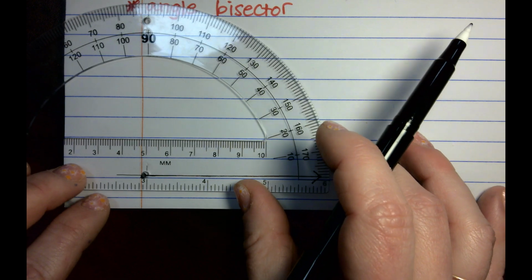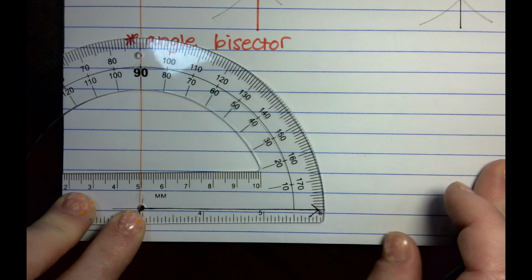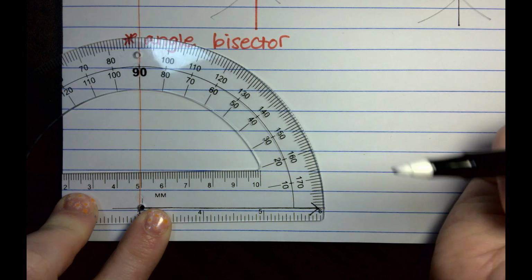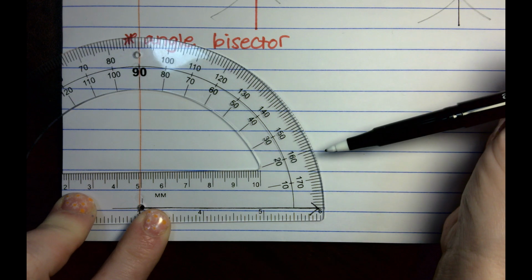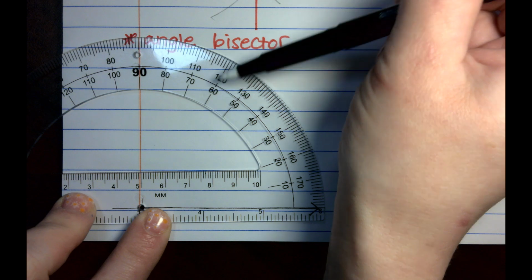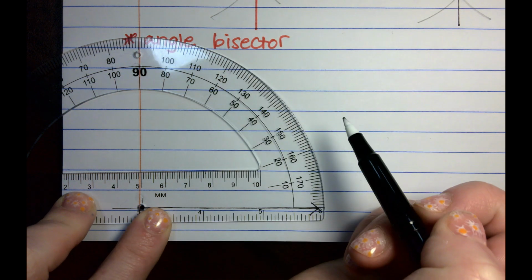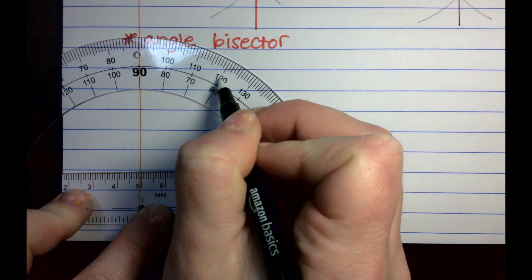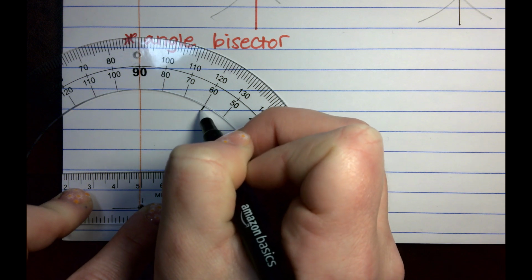So let me line this back up. We're going to make a mark for our 60-degree angle. Here's 10 degrees, 20, 30, 40, 50, 60. Everybody see where 60 degrees is? You have two options for where to make a mark. You can make your mark inside of this semicircle, right below the 60.